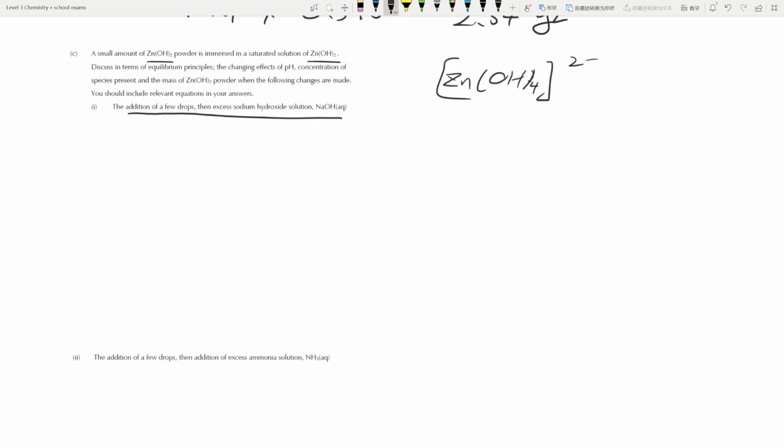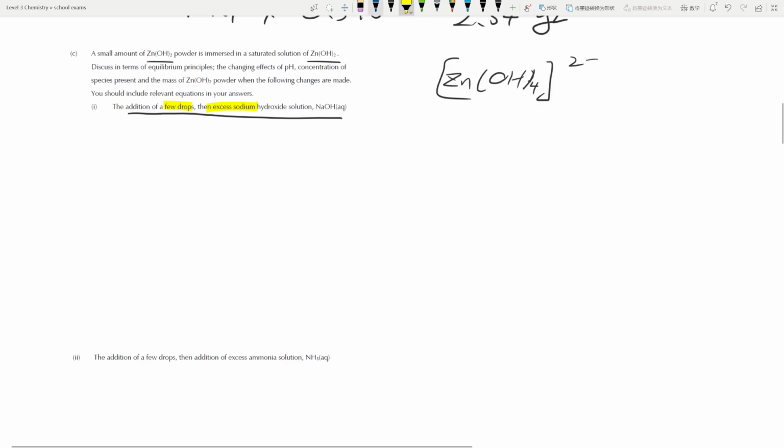You will see this complex ion as one of the list. So you need to look here, it says addition of a few drops then excess sodium hydroxide. That means there are 2 processes that you need to look at here.